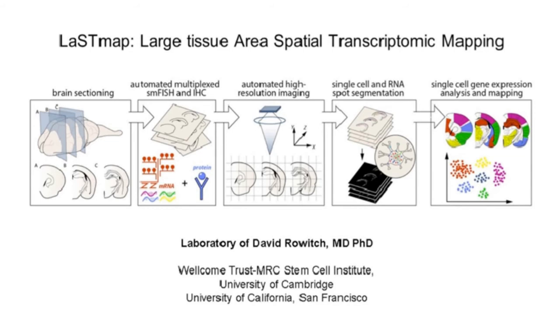In this pipeline, we use standard thin tissue sections on normal glass slides. We automate all steps in 4-color RNAscope smFISH and combined antibody staining. We then use an automated spinning disk confocal for high-resolution imaging of entire tissue sections.